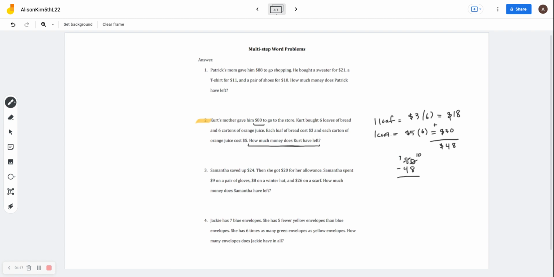So now we're just going to subtract. So 10 minus 8 is 2, and 7 minus 4 is 3. So he spent a total of $48, so he has a total of $32 left. And don't forget your units because this is word problems. Units are just as important as your answer.